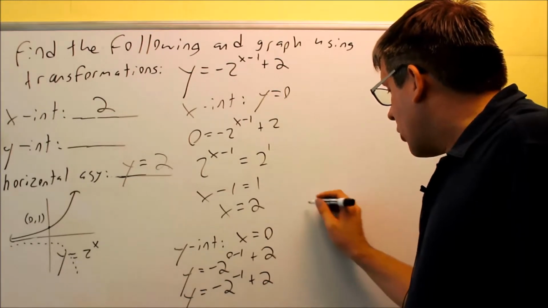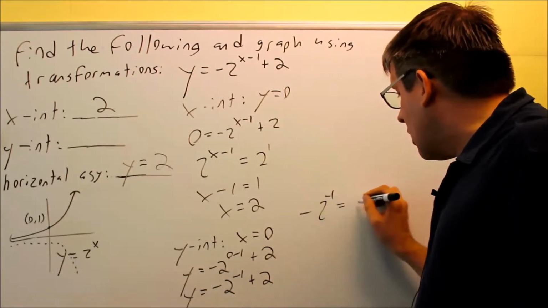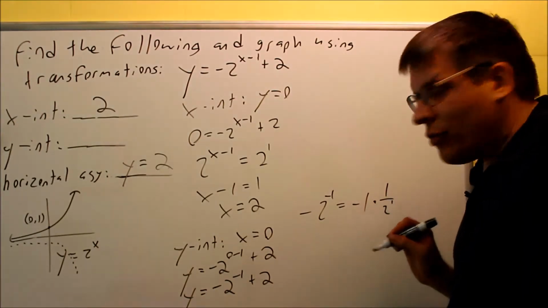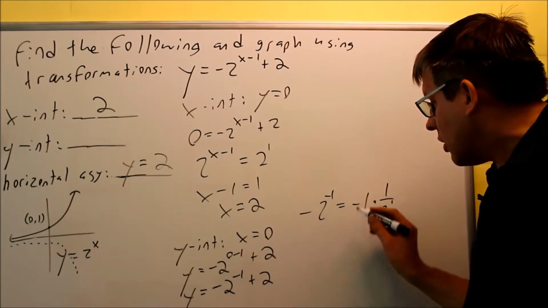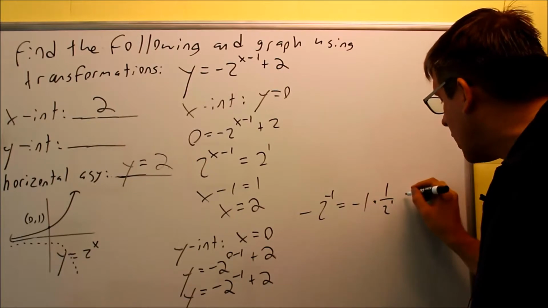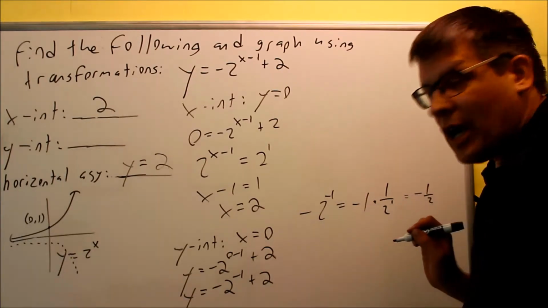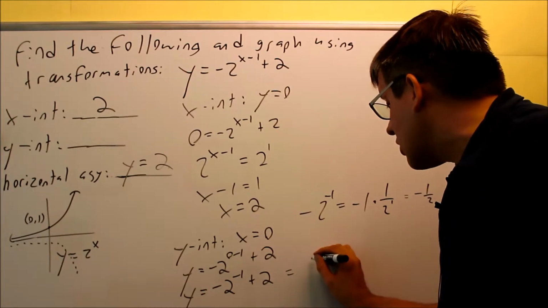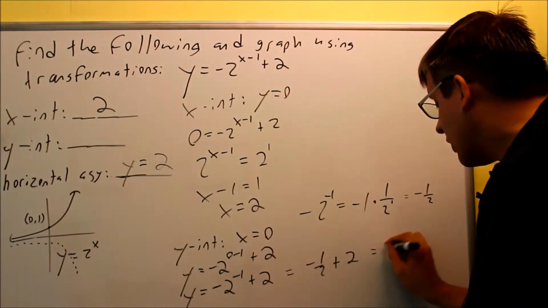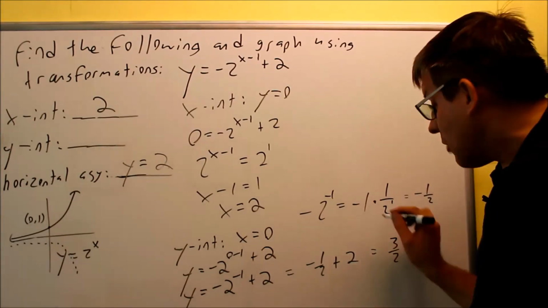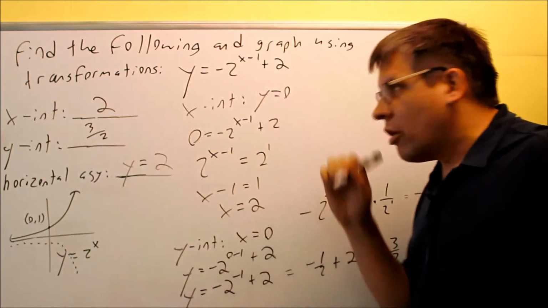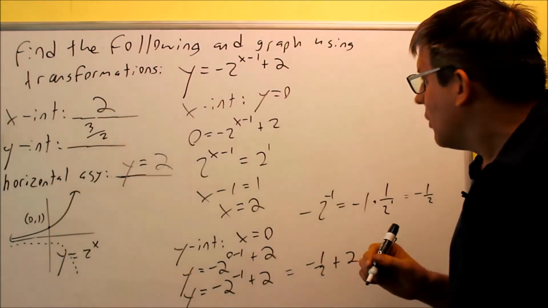What this really means is that if I have negative 2 to the negative 1, that means that I have negative 1 times 1/2, because I can take the 2 that's negative, and if I move it down below, it becomes positive. So technically this part right here is equal to negative 1/2. So what I have down here is actually equal to negative 1/2 plus 2. That's what I have for that part. That's equal to 3/2 if I combine that together with common denominators. So my y-intercept is going to be 3/2, or also it would be the same thing as 1.5.